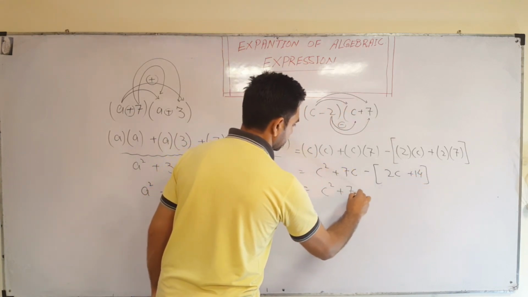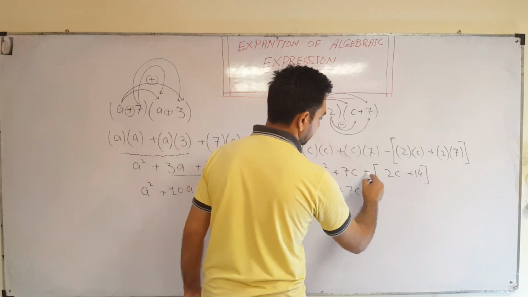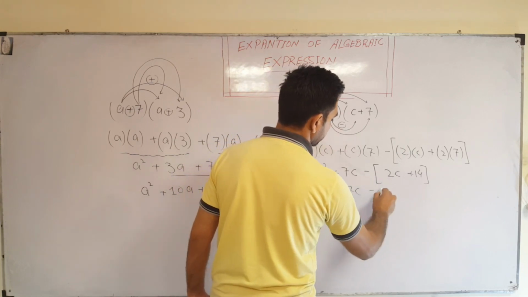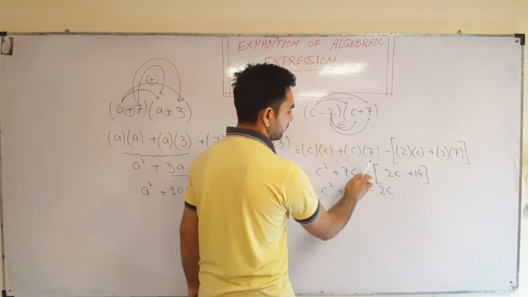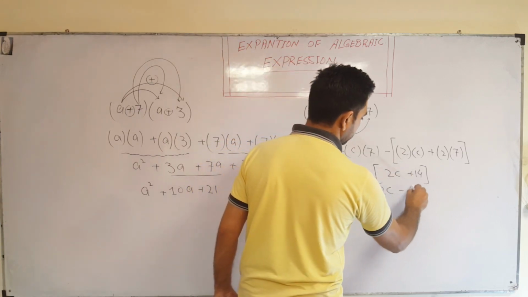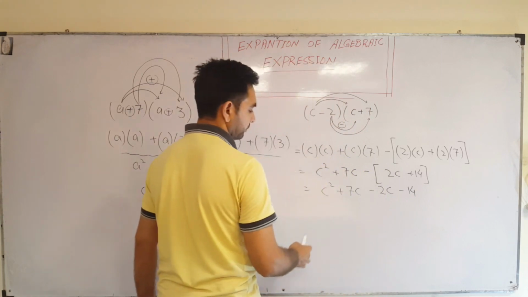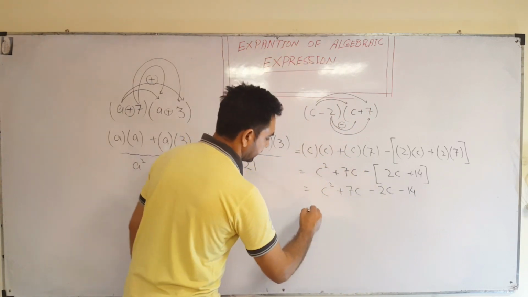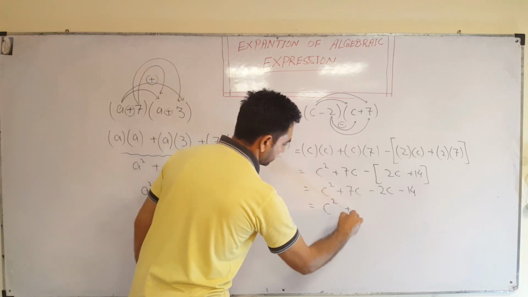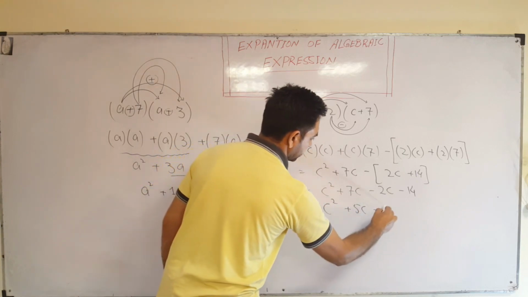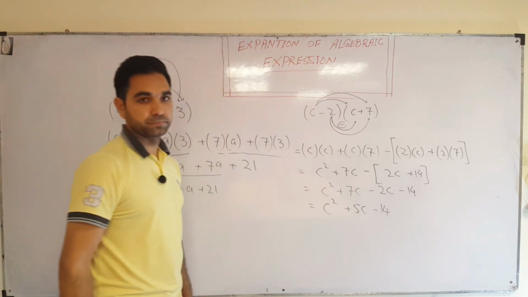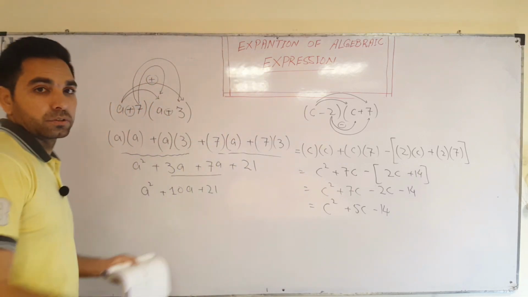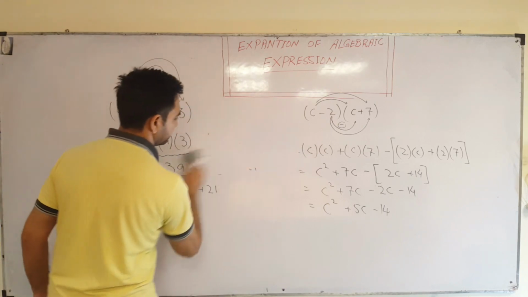C square, 7c. Now you can multiply the negative into inside. So minus into plus gives you minus 2c, minus into plus gives you minus 14. So 7c minus 2c gives you 5c. C square plus 5c and minus 14. Right? So it's not very hard.